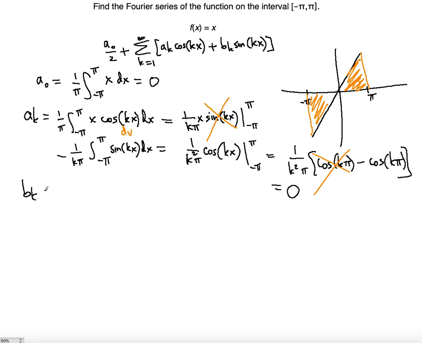Now b subscript k should not be 0, otherwise everything would be 0, right? So that's going to be 1 over pi, integral from negative pi to pi, x sine kx this time, because the formula requires that.